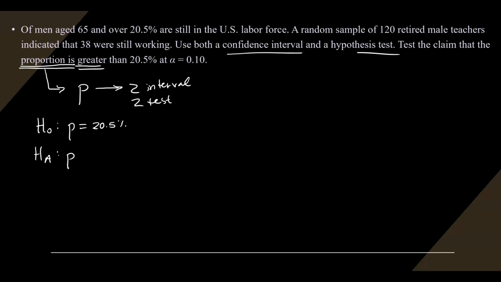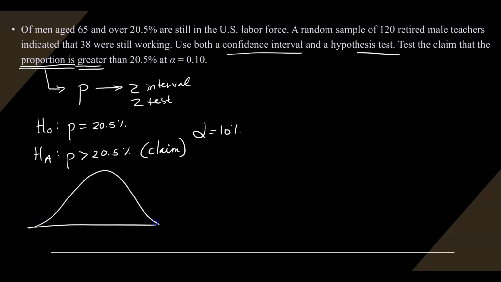You don't need to hypothesize about statistics, you just count them. This one is greater than 20.5%, and this over here is my claim, and my alpha is 10%. So this is a one-tail test at alpha equals 10%.